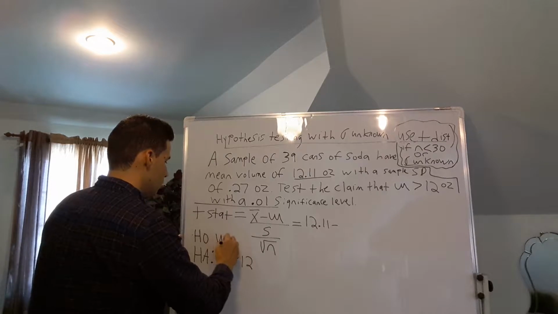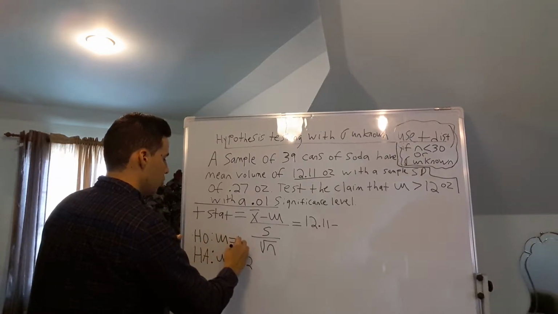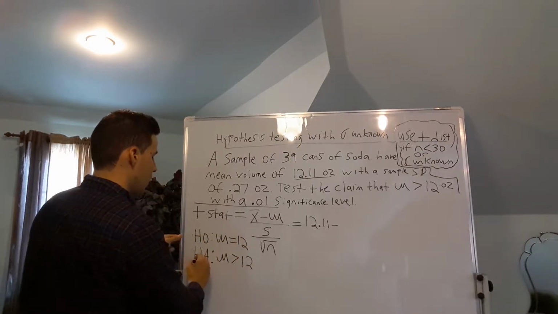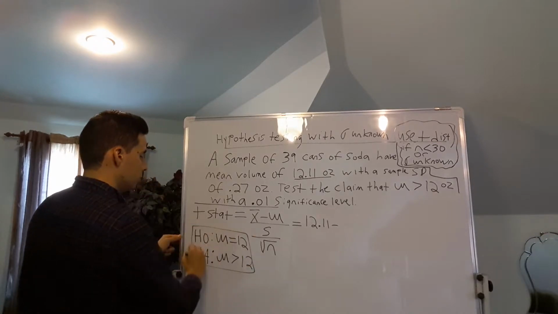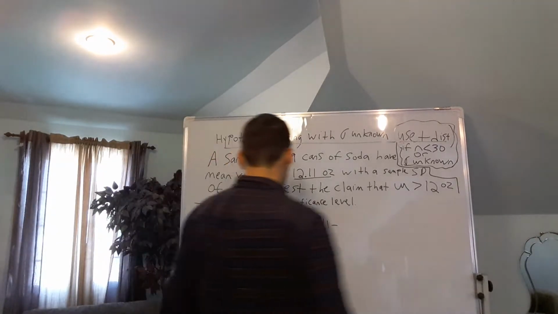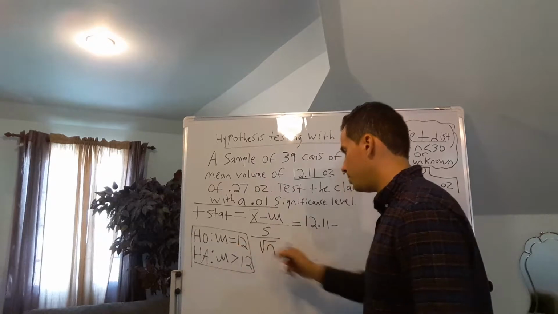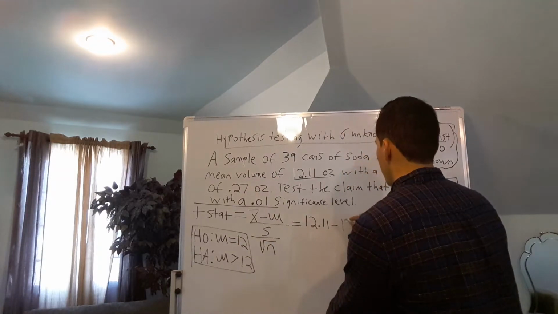So we'll say mu equals 12. This is what we have to prove against. We're going to assume the mean would be 12 otherwise.